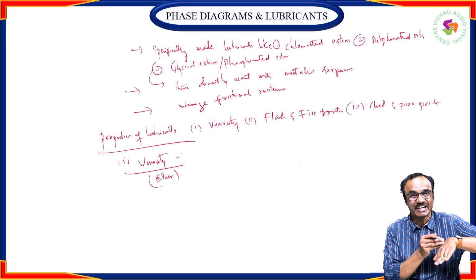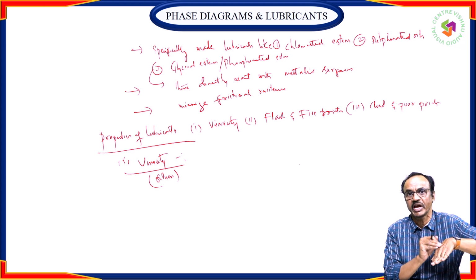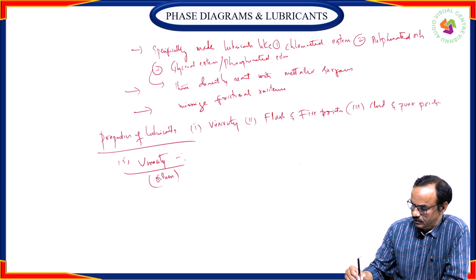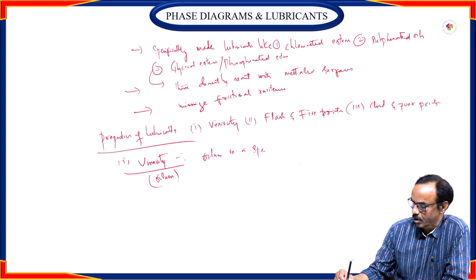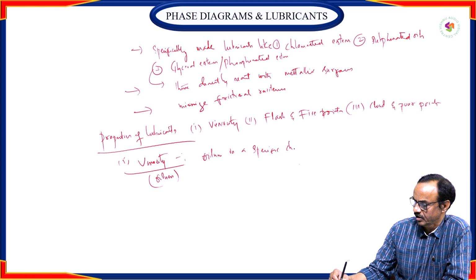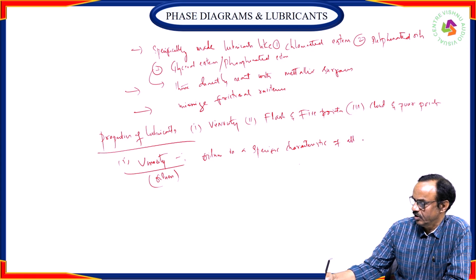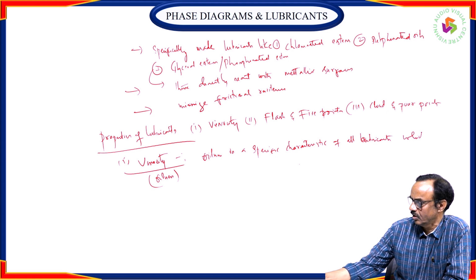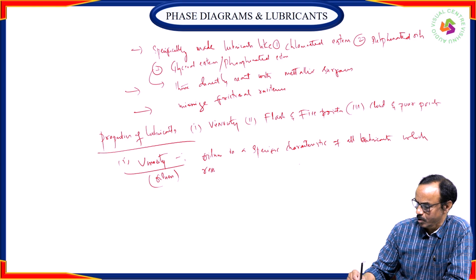Oiliness is a specific characteristic of all lubricating oils, all lubricants, which resist their own flow. That is called oiliness or viscosity.